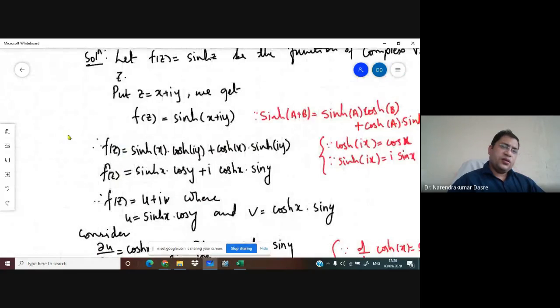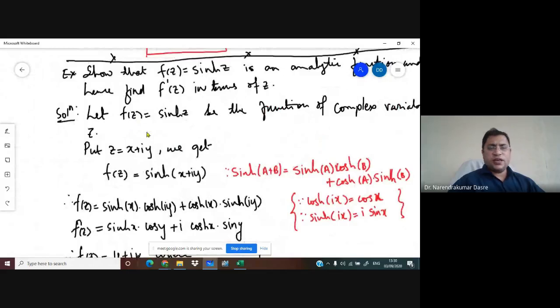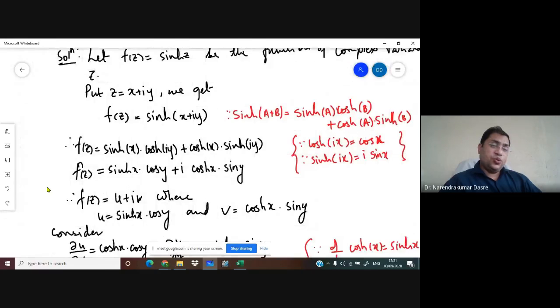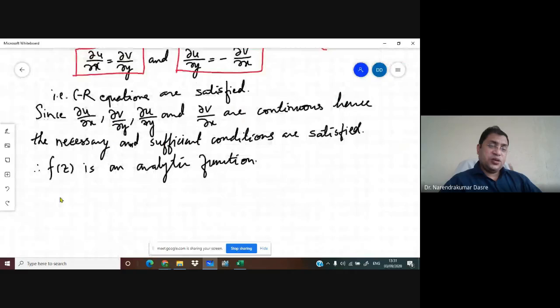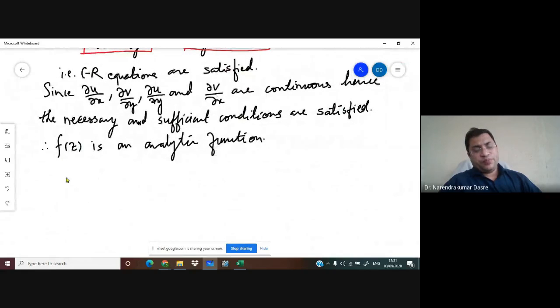Now see, our first step was to find the real and imaginary part of this function, which we have calculated. Second step was to test whether this function is analytic or not, and that also we have completed. Now we have to think of the third step: find f dash of z in terms of z using what we have calculated.